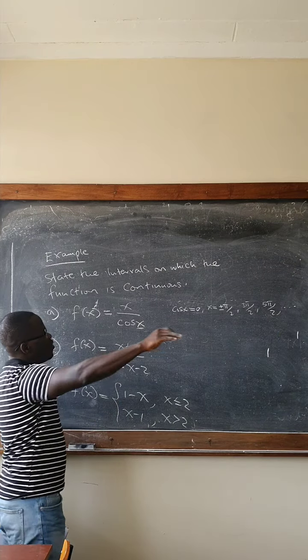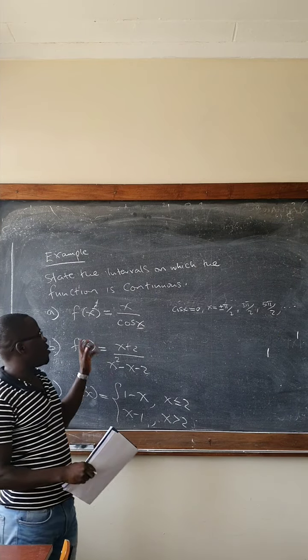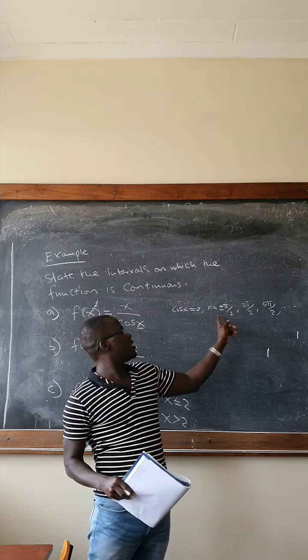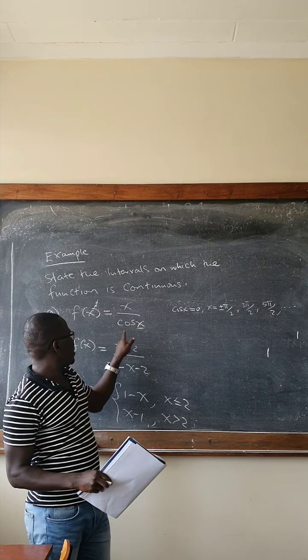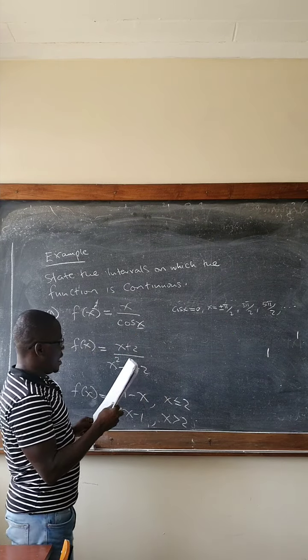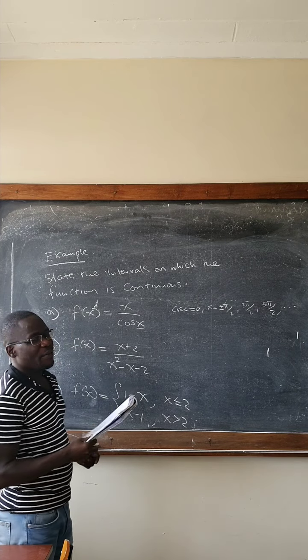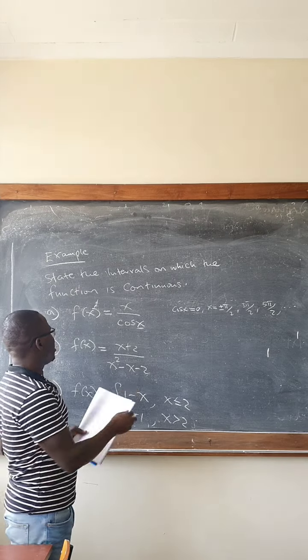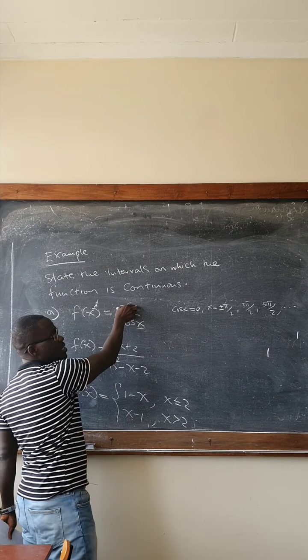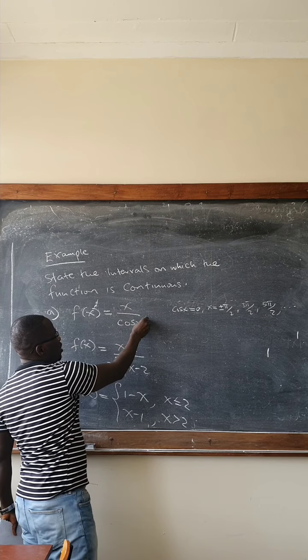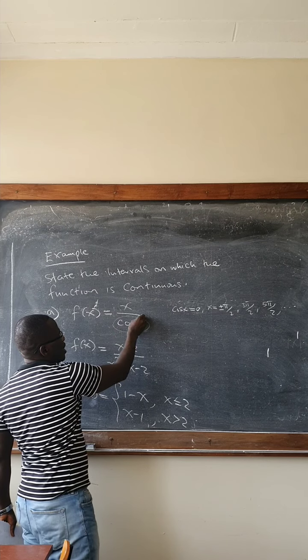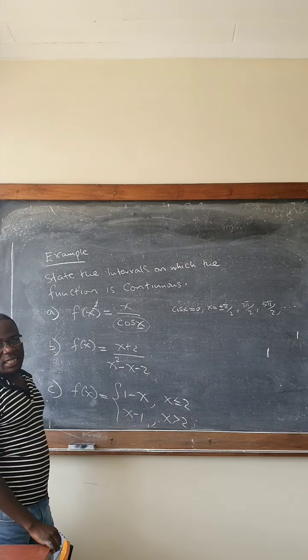So along the real line, if you remove all points at which the denominator is 0, then this function will be continuous, because this is a continuous function, this is a continuous function, but you have to remove all points at which cosine of x is equal to 0.